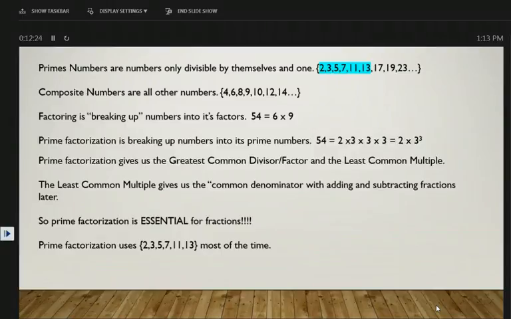And it's based on those 5 numbers that are highlighted there at the top. Now you could use 17, 19, 23, you can, but most of your numbers, 95% of your numbers are going to be divided by one of those first 5 numbers. Okay, or 6.